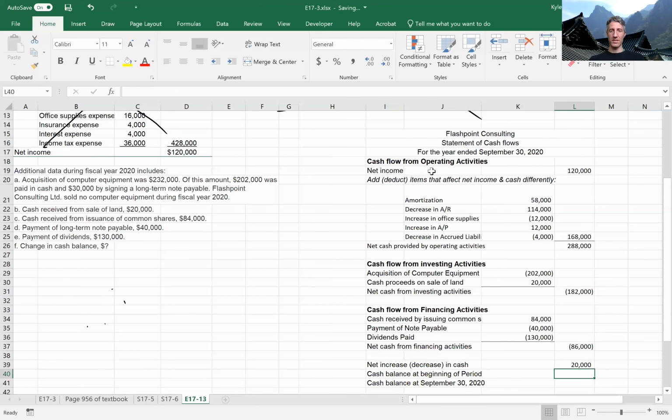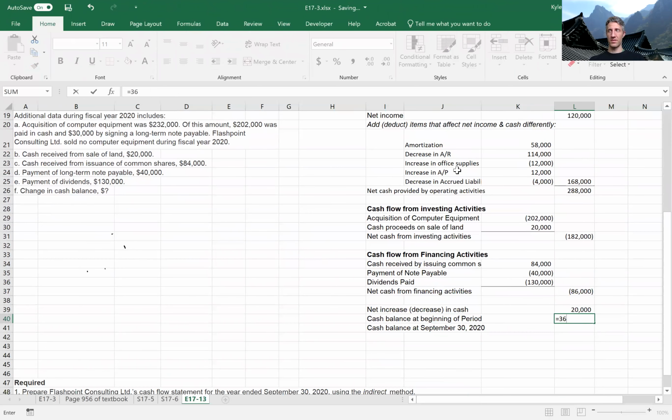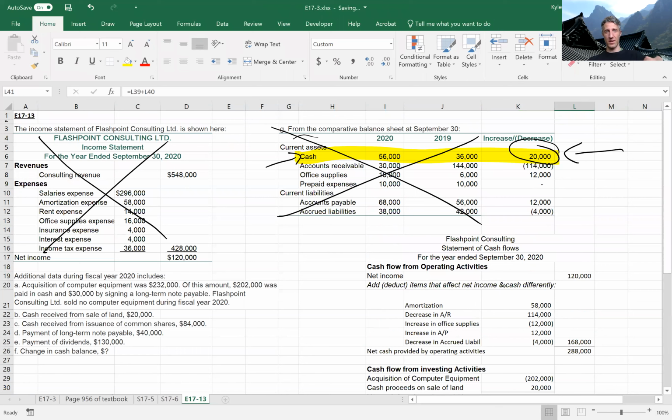So the cash balance at the beginning of the period, we know, was $36,000. And I can get the ending cash balance now by just adding those two together. And of course, this 56,000 is going to match what is up here from our balance sheet.